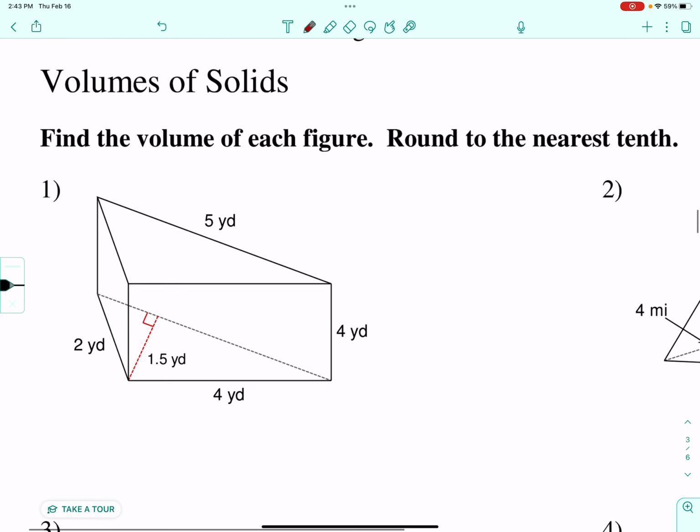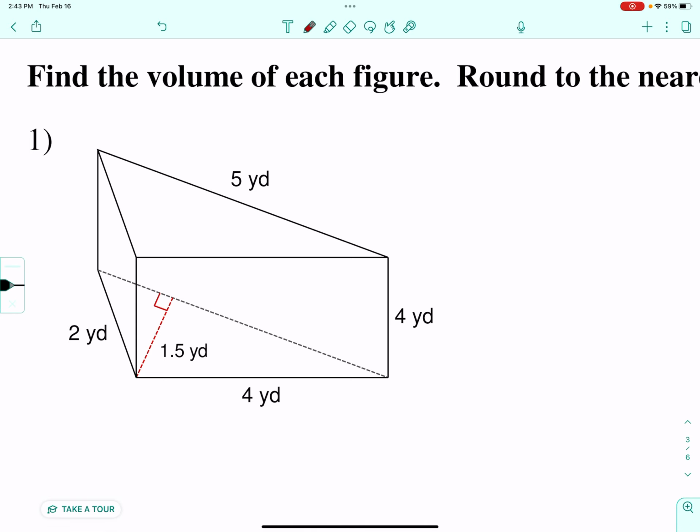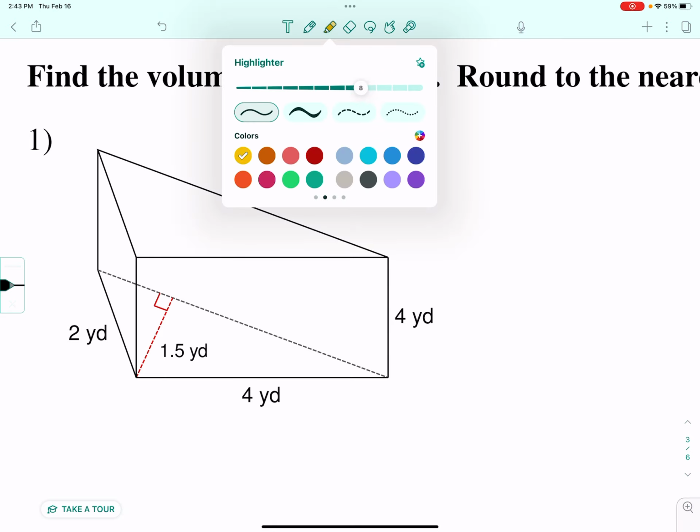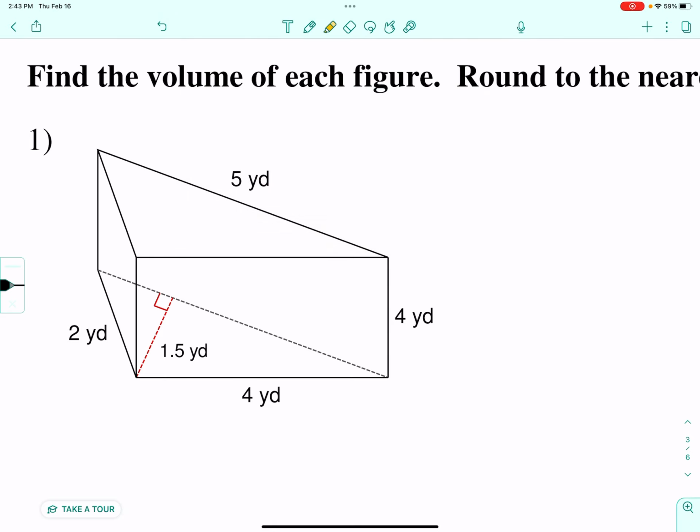Okay. I think this looks like a prism. I'm going to double check and make sure it fits all of my requirements. The first requirement was that it had two congruent parallel bases.